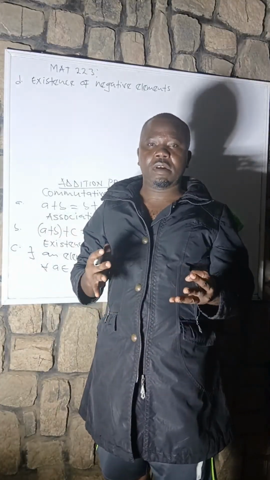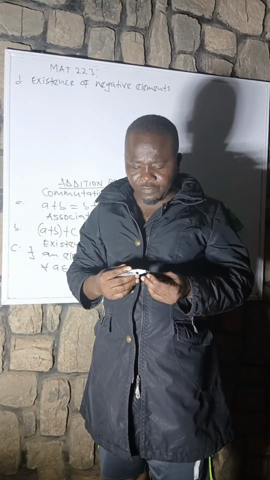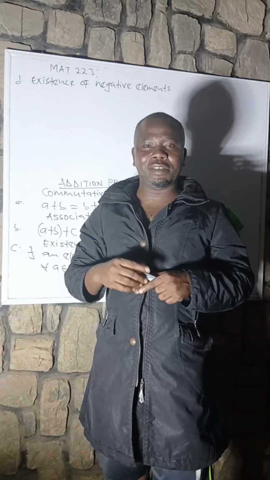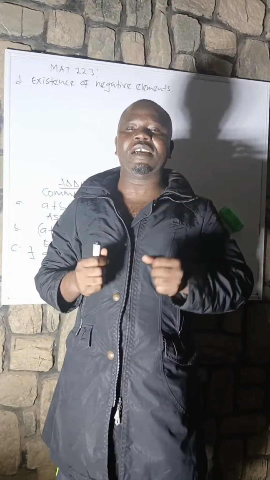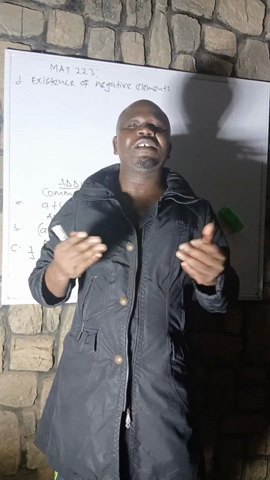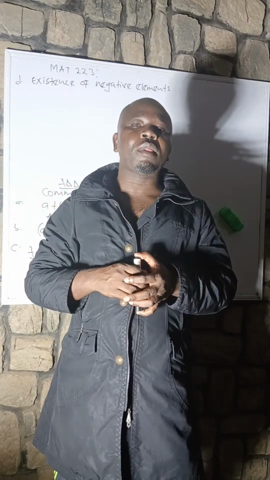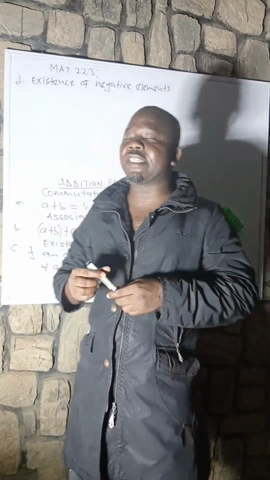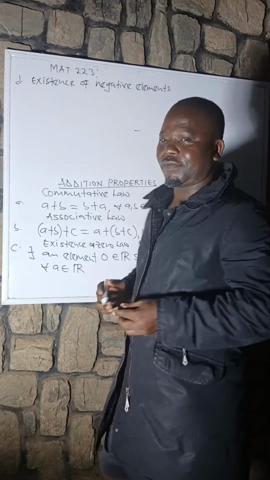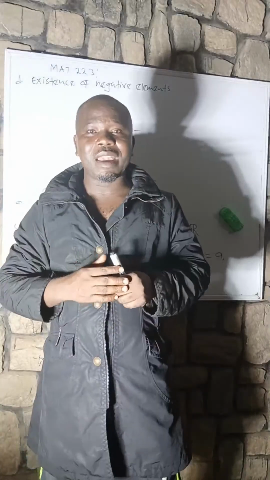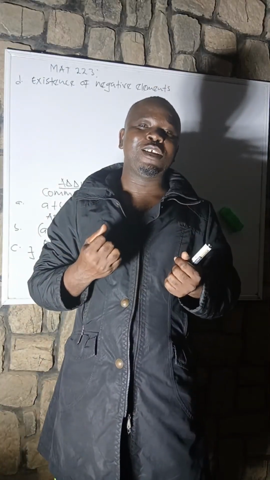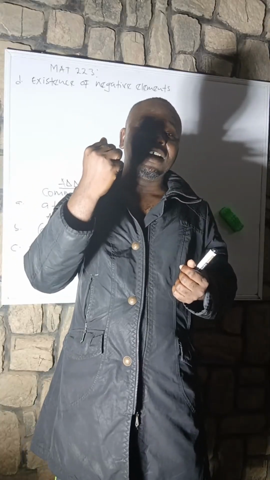Let's look at it. You know very well that these are our arms. This is right, this is left. But I want to tell you that we always see this as negative. Generally, everybody knows that this right hand side, your right hand, is positive.